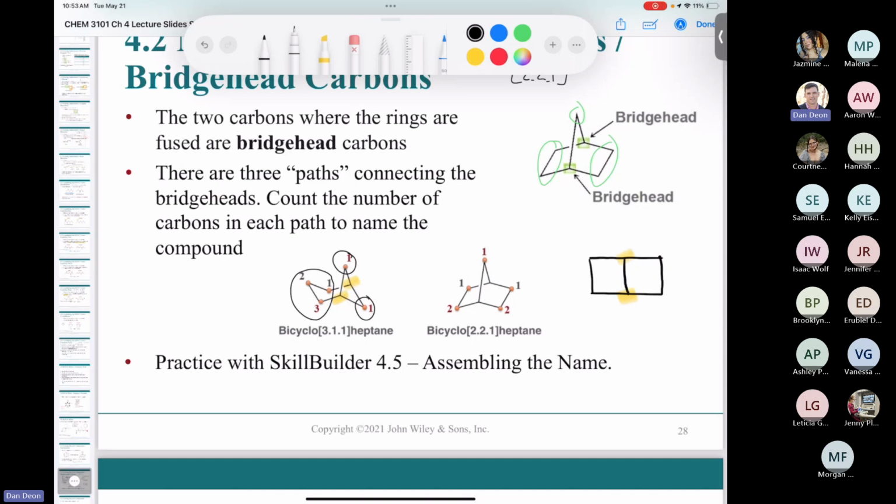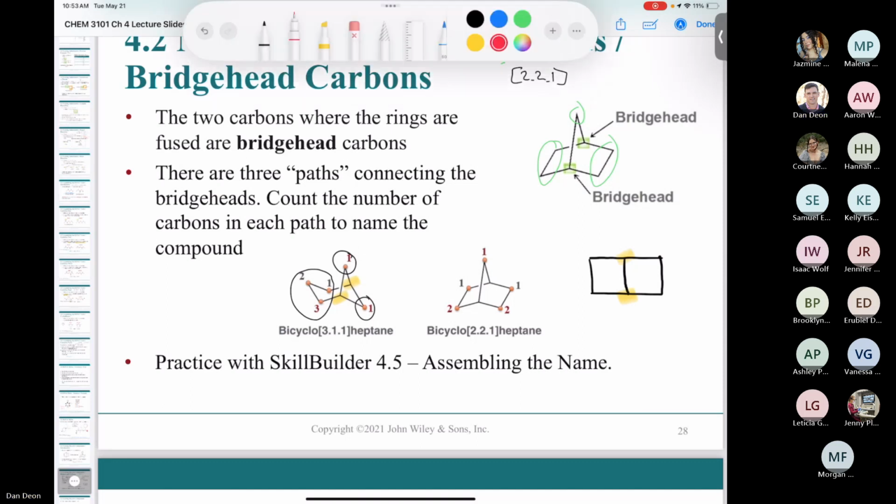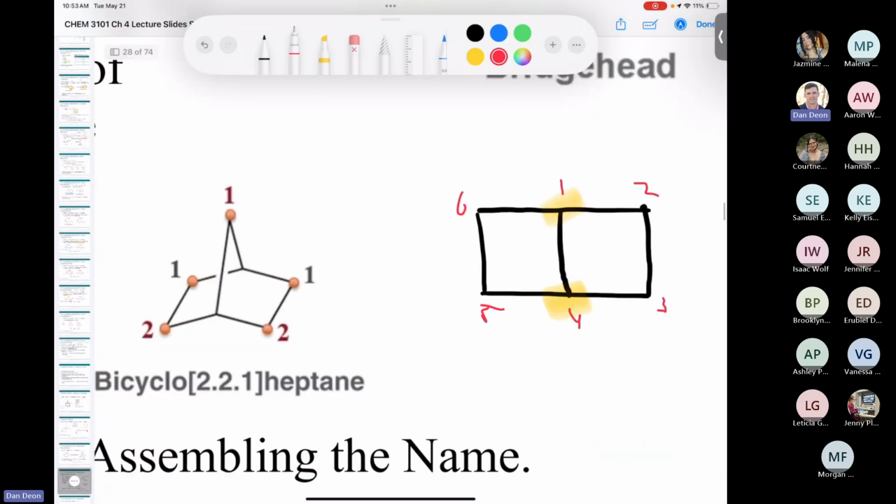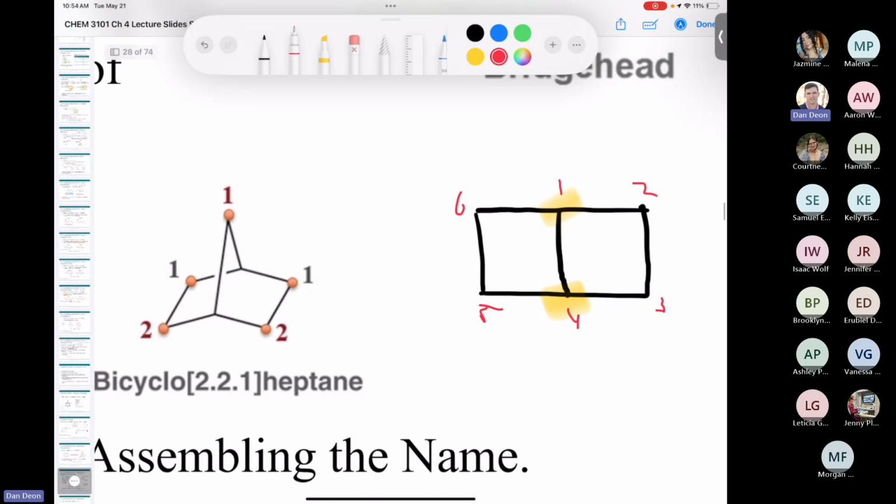The total number of carbons is 1, 2, 3, 4, 5, 6. So this is some kind of bicyclohexane. We would say bicyclo, open bracket, close bracket, hexane, 6 carbons. But if I count the bridges, you see the 2 bridgehead carbons are highlighted in yellow? Well, where are my bridges?